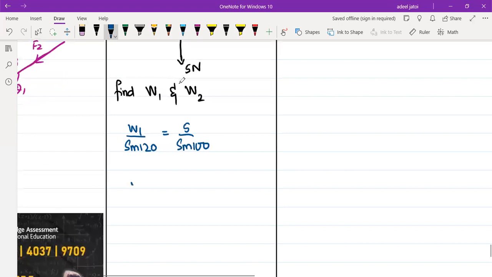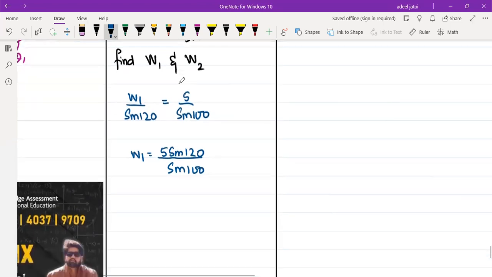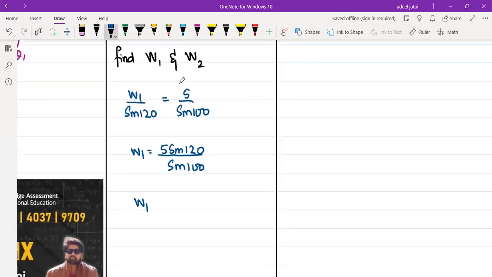So W1 will be 5 sine 120 upon sine 100. The answer for W1 will be 4.39 Newton.